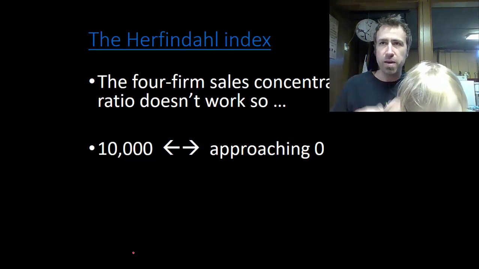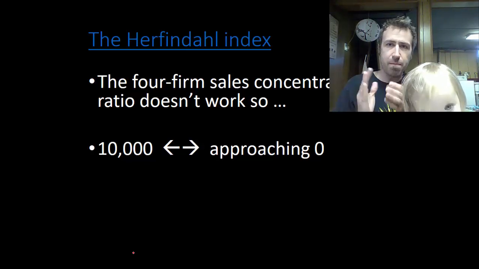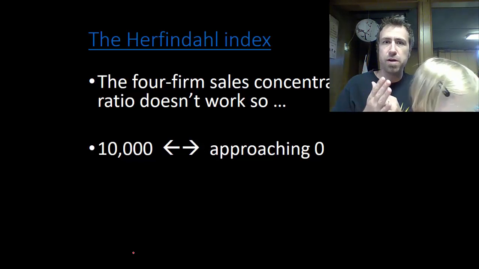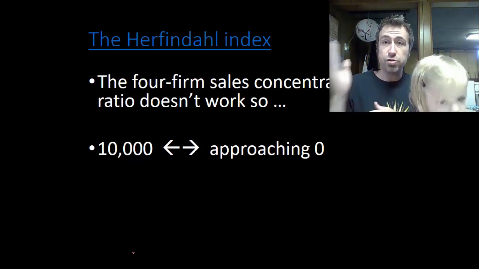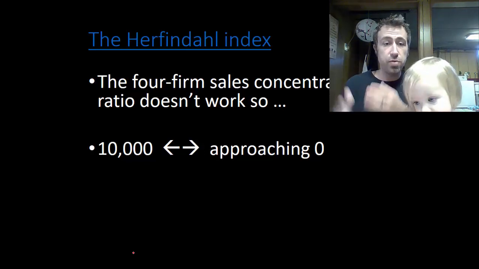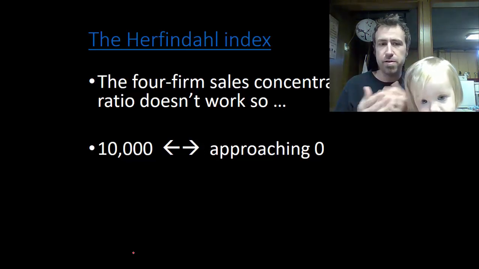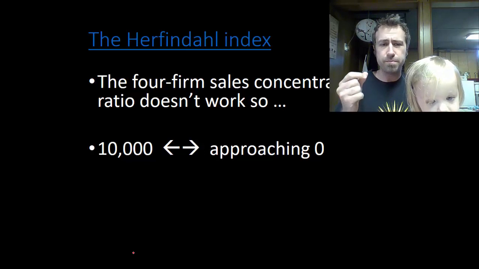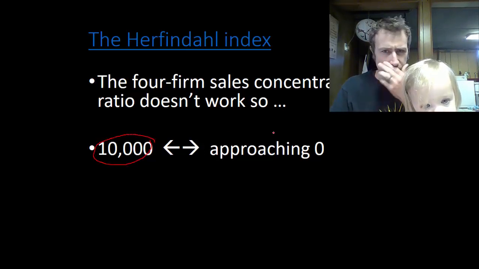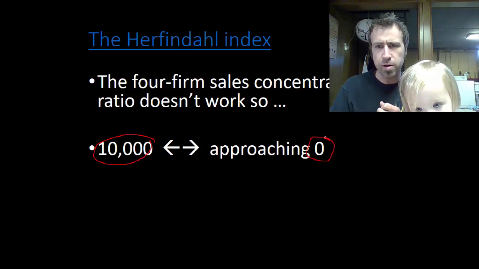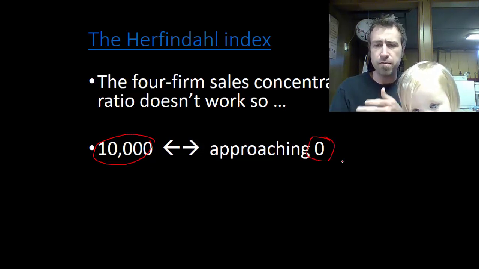I mean, think about it. If you take a monopoly, and a monopoly owns 100% of the market, you take 100 and you square it, so 100 times 100, you get 10,000, right? So this would be a monopoly. And if you're closer to 0, you're more of a competitive market.